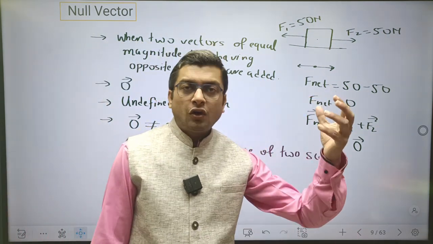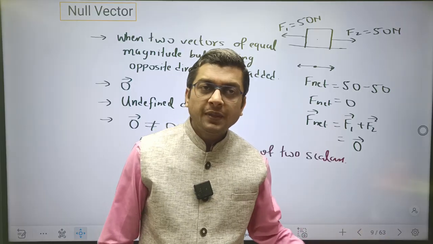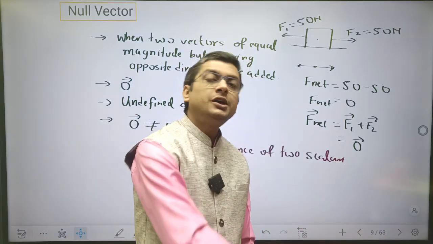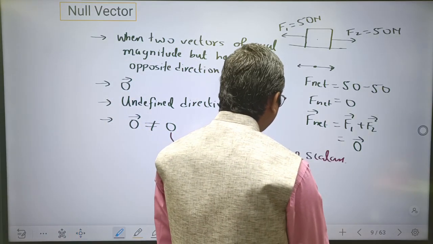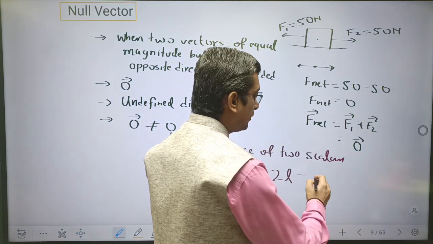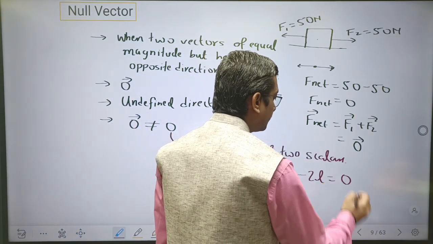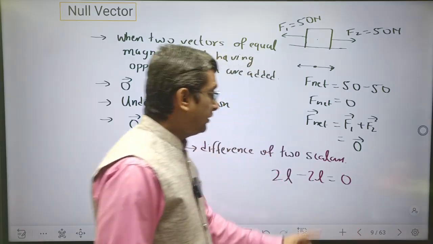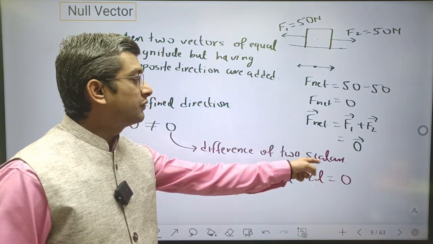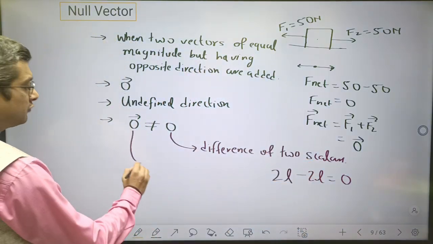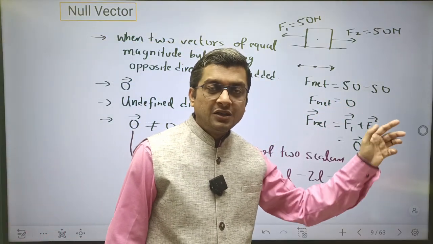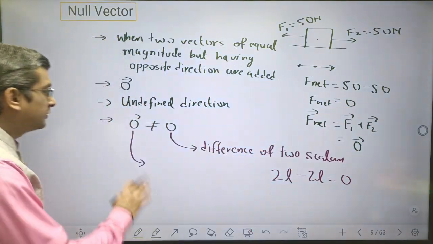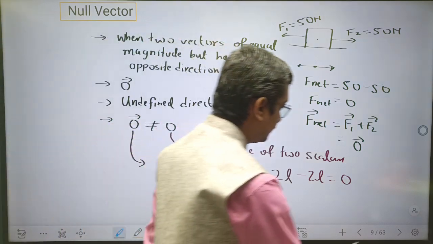Suppose you have 2 liter water in a container, and if you take out that 2 liter water from the container, so 2 liter minus 2 liter is 0 liter or 0. So it is 0 actually, the difference of two scalars. But this 0 is actually vector, that is difference of two vectors. Are you getting now? So this is the logic behind it. So 0 vector is not equal to 0.